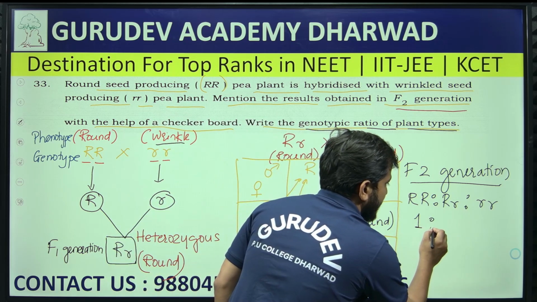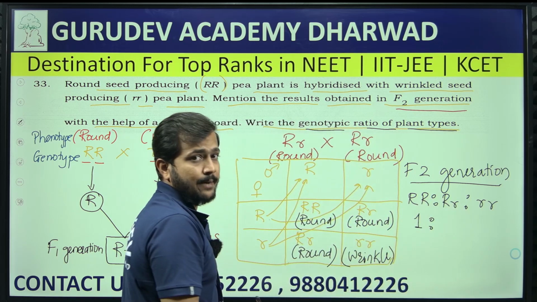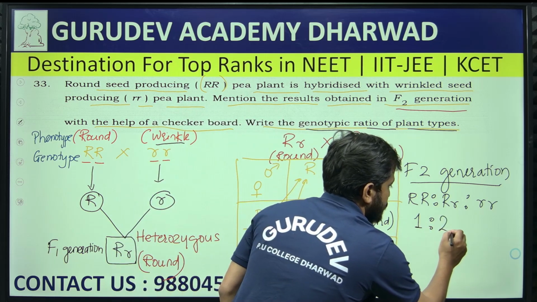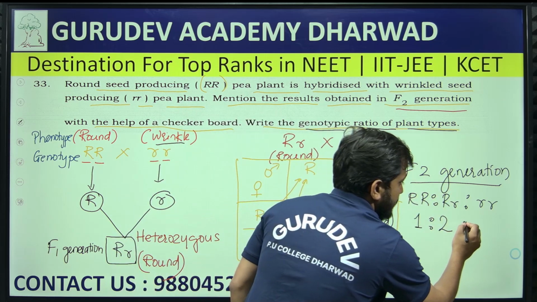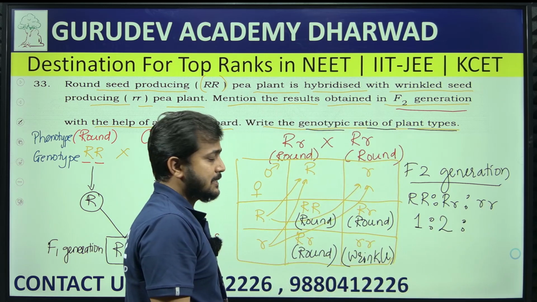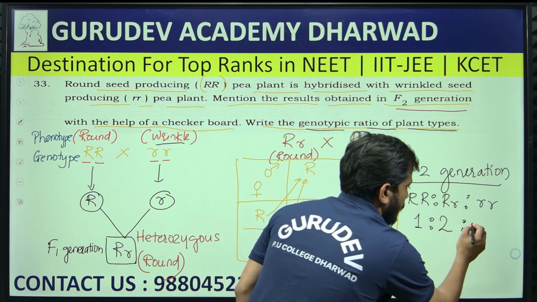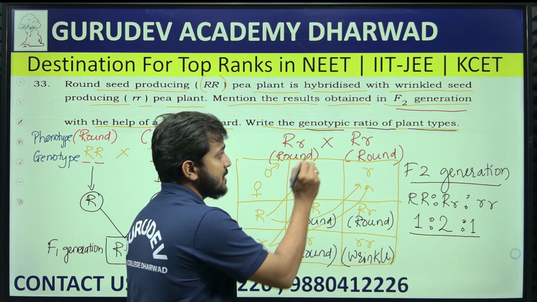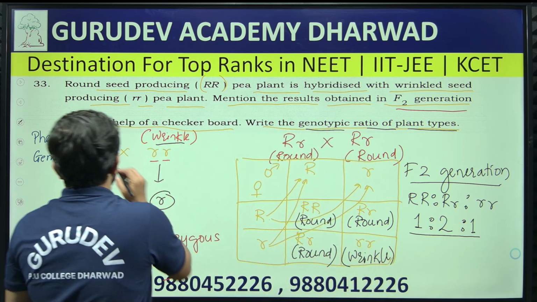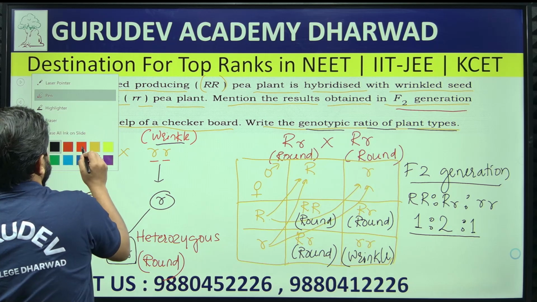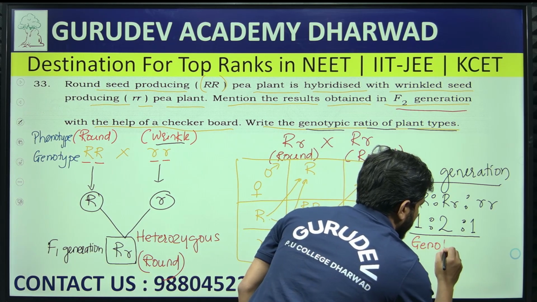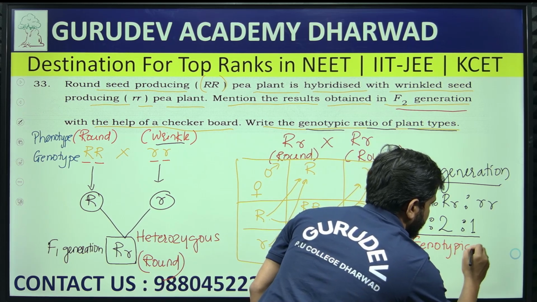Then 2 of them are capital R small r, the heterozygous, non-identical type. And here again the identical type is 1. So the ratio will be 1:2:1. This is known as the genotypic ratio.